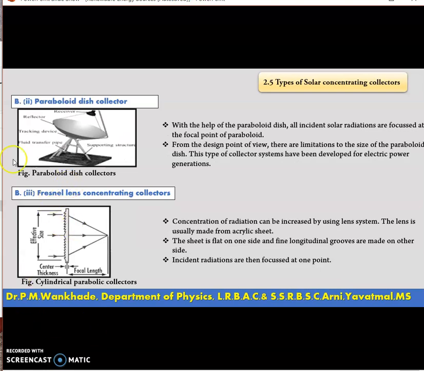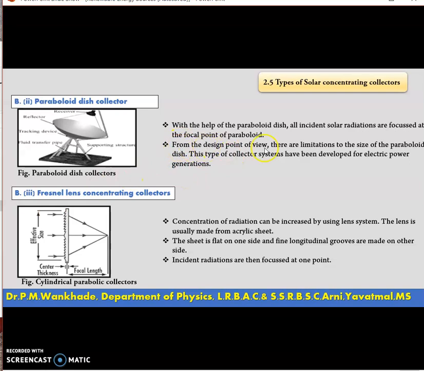The next is the paraboloid dish collector. In order to achieve higher temperature for collectors, it becomes important to have point focusing. With the help of a paraboloid dish, all the incident radiation is focused at the focal point of the parabola. This type of collector system is utilized for electrical power generation.